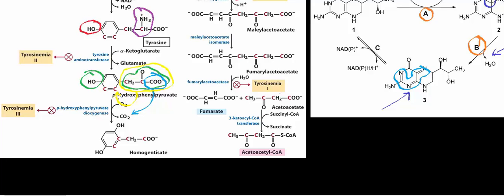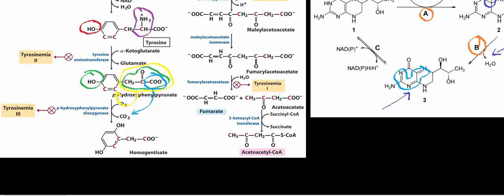And homogentisate is an interesting molecule. We'll do a little bit of an aside here from this pathway. It's worth mentioning that homogentisate in other organisms has a life of its own. In other organisms, they can use homogentisate to biosynthesize plastoquinol, which is basically a coenzyme used in a photosynthetic organism's electron transport chain in the chloroplast, and they can also use it to synthesize two kinds of vitamin E's, and those are tocopherols and tocotrienols.